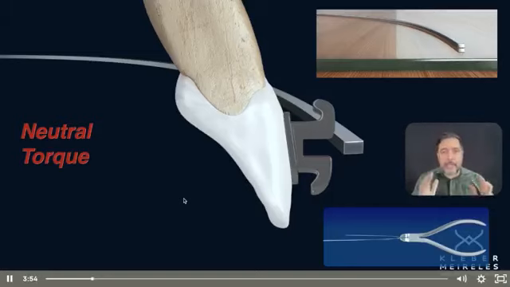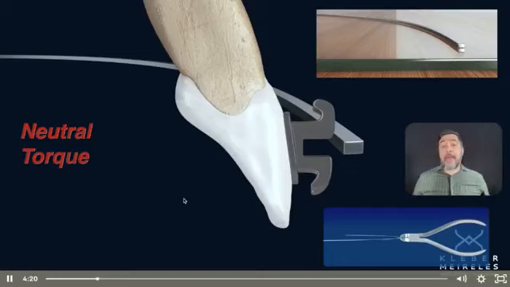Actually, on average, it is true, because anterior teeth will be inclinated, will be flared in a certain position that on average will allow us to insert the wire without changing it. But there are extreme positions of anterior teeth that we need to manage, and it's not that uncommon. We see that very frequently when we have extreme inclination of upper anterior teeth.